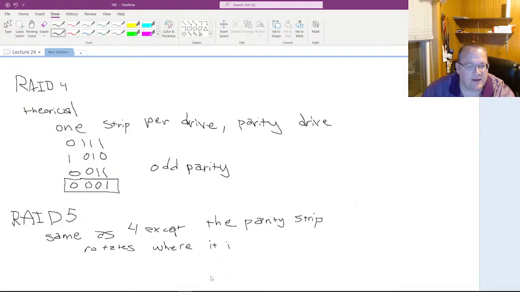Instead of saying where, let me back this up. It rotates the disk it's on.